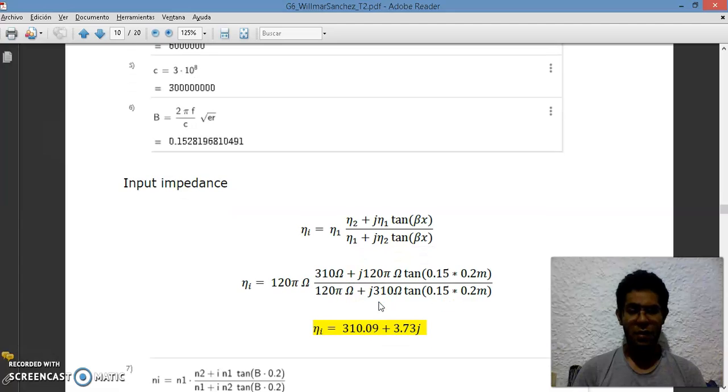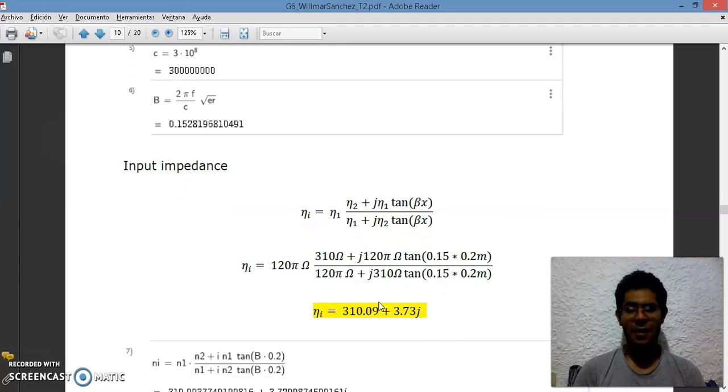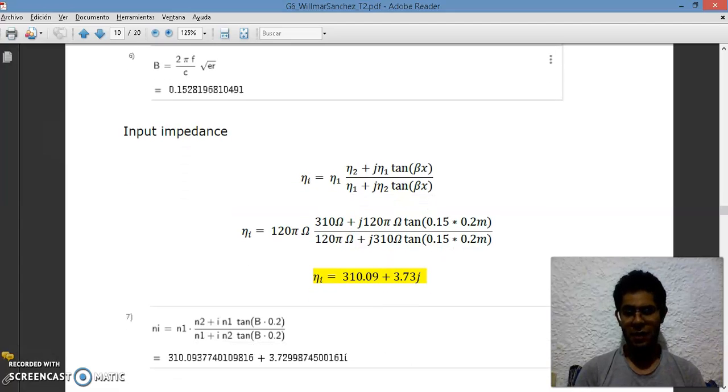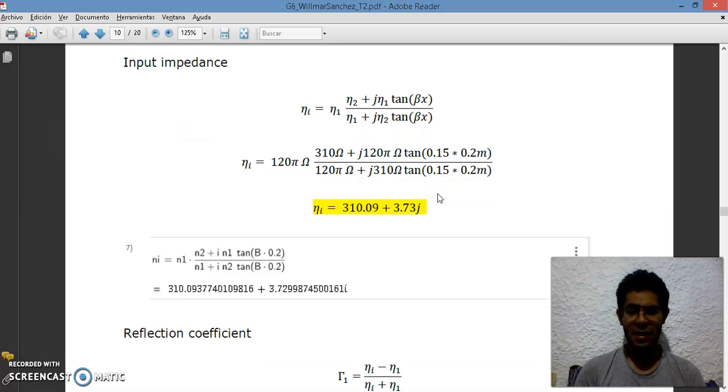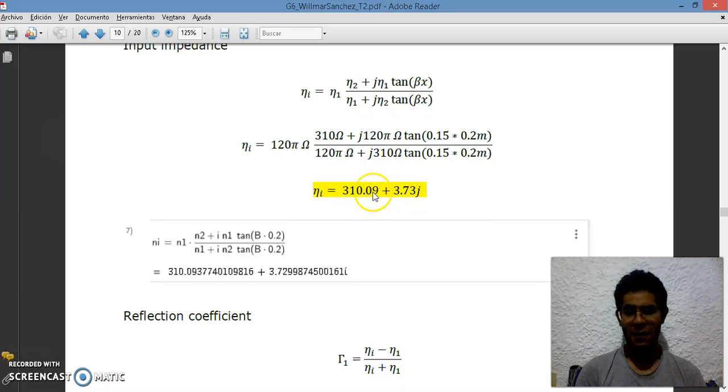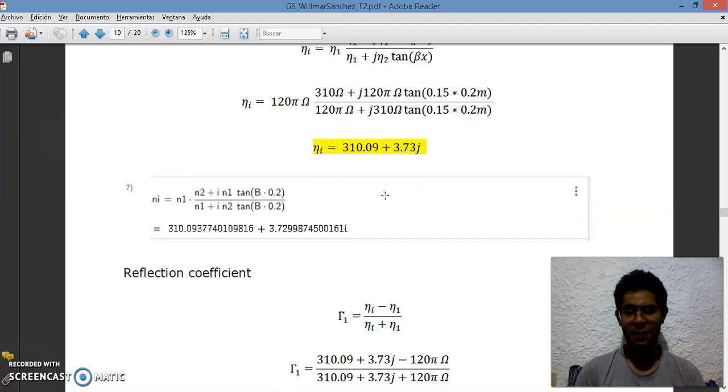Okay, with this value I can find the input impedance with this formula. We have the media, coefficient of refraction, the beta value, and the distance. Replace, and we find that the input impedance is equal to this complex number.